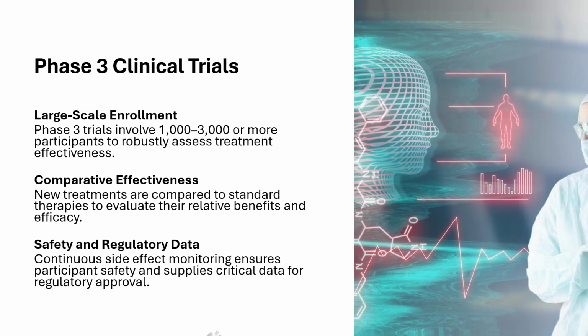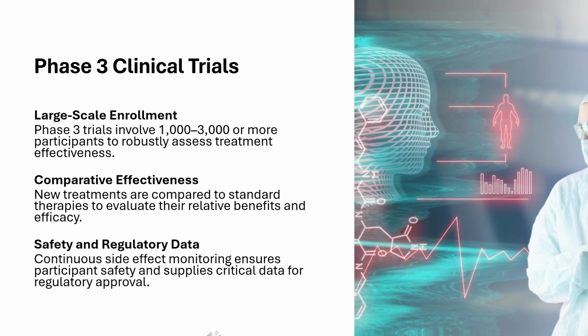Phase 3 trials are where a treatment gets its most rigorous test. These studies enroll 1,000 to 3,000 or more participants across multiple sites, and often across different regions or countries.